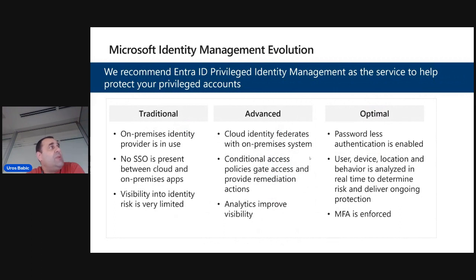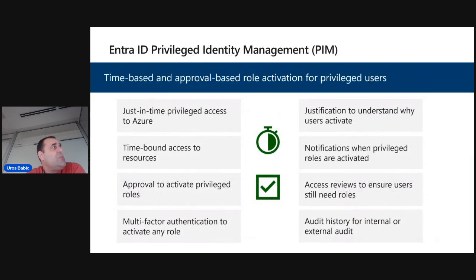And you have recommended Entra ID Privileged Identity Management as a service to help protect privileged account with optimal, advanced, and traditional option. And you can use time-based approach for activation of privileged users. So I can define for my virtual machine some contributor virtual machine role for 3 hours for my RDP or SSH port to have access, to minimize some exposure to public internet for attacker.